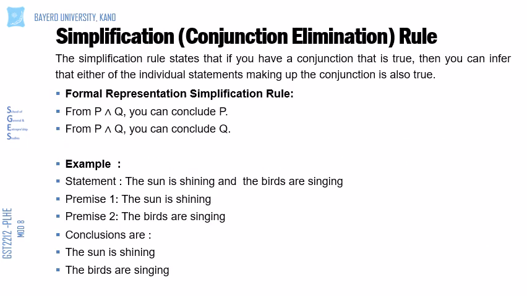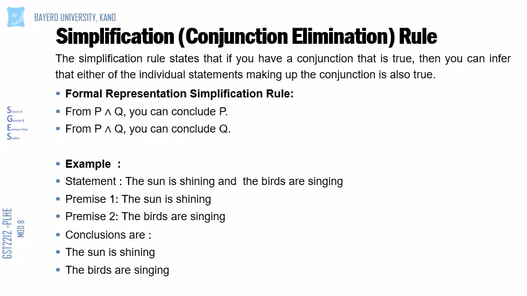This is the last part of the rules. This simplification rule states that if you have a conjunction that is true, then you can infer that either of the statements making up the conjunction is also true.